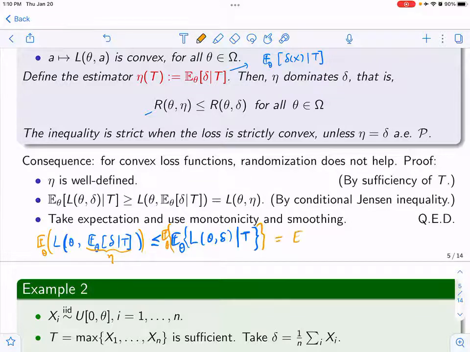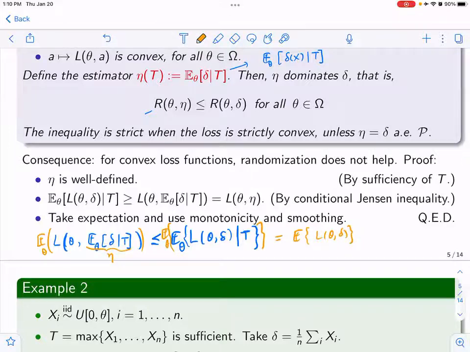Yeah, this would be the expectation of L theta delta by the smoothing or tower property, or iterated expectation, basically, if you want. And so this side is just the risk of delta. This other side is the risk of eta. So this is just an application of Jensen's inequality.